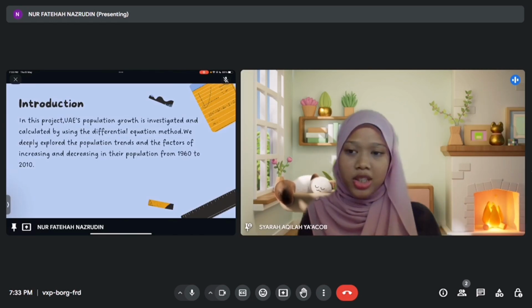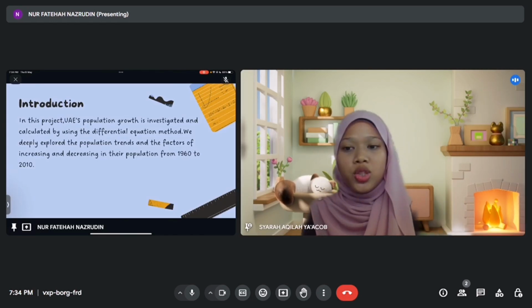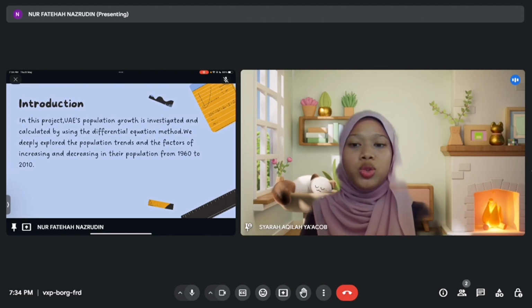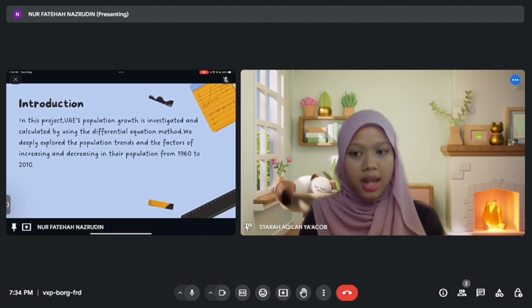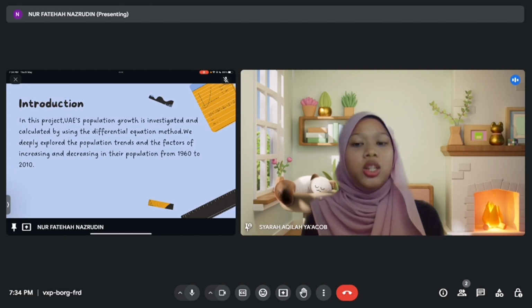So for introduction, in this project, we choose United Arab Emirates to investigate their population growth and calculate the data using the differential equation method.